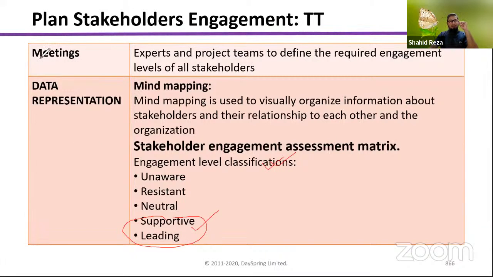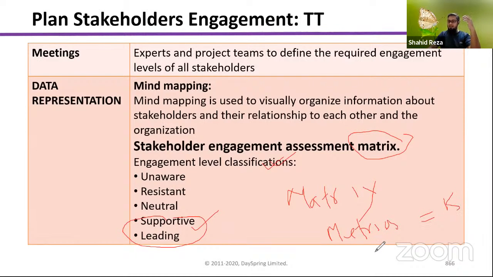So let's see what this assessment matrix is. When we say matrix, there are actually two meanings of the term. One is metric, meaning KPI. We talked about this in the first chapter, project success measures, where we talked about metrics: any success criteria, which can be SMART, KPI or a balanced scorecard.